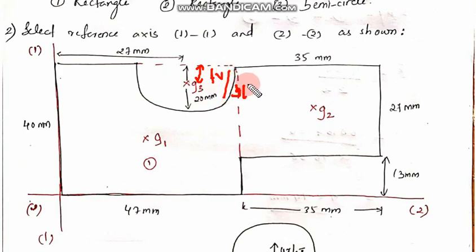Correct. That is 4r by 3 pi. But I need distance from here to G3. So total is 40. So 40 minus 4r by 3 pi will give me the distance from this particular x-axis to G3. So 40 minus 4r by 3 pi, r is 20. Okay. So that is the y distances for all the three cases.